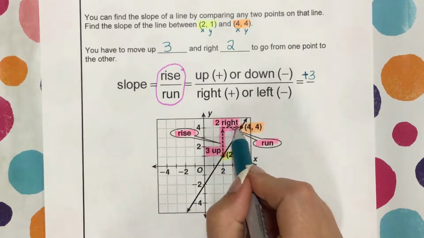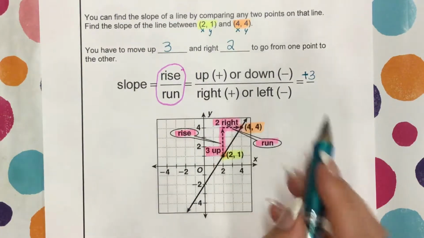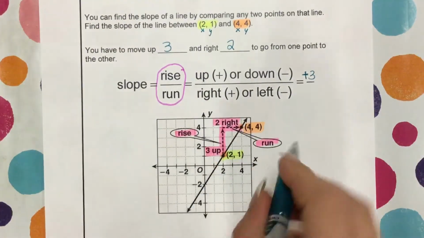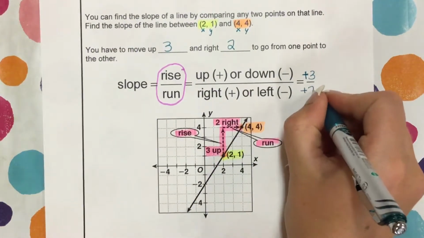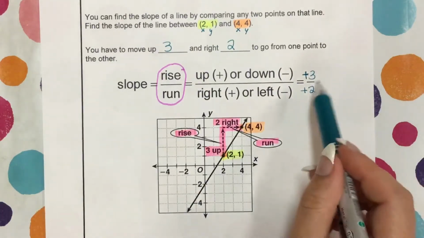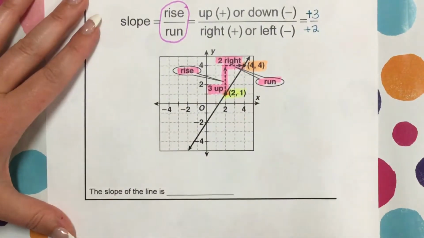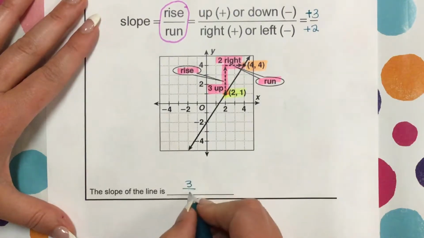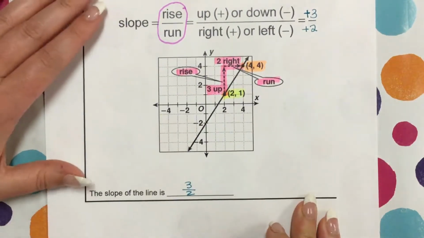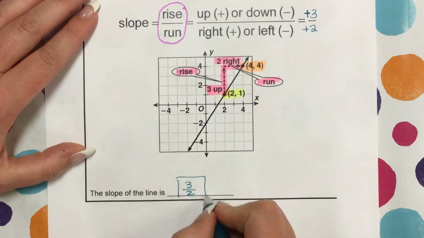We went to the right 2 units. And whenever you go to the right, you're going in a positive direction, so that's going to be positive 2. So the slope of this line ends up being 3 over 2. And that's the answer. That's the slope of this line.